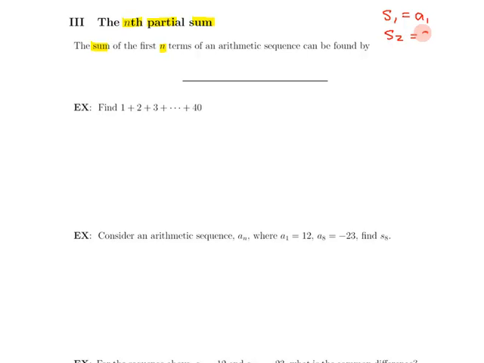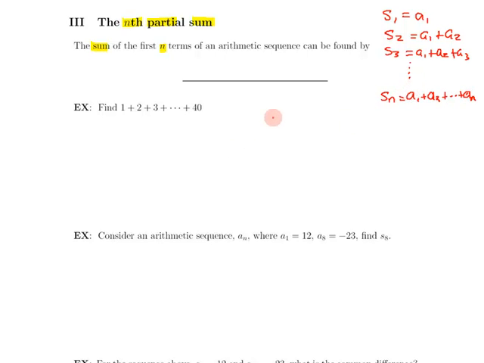S sub 2 is a sub 1 plus a sub 2. It's the sum of the first 2 elements. S sub 3 is a1 plus a2 plus a3. And so forth, right? So the nth partial sum would be what you get if you add up all the way up to whatever n is in your sequence.